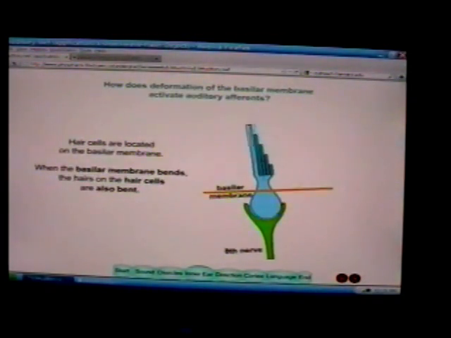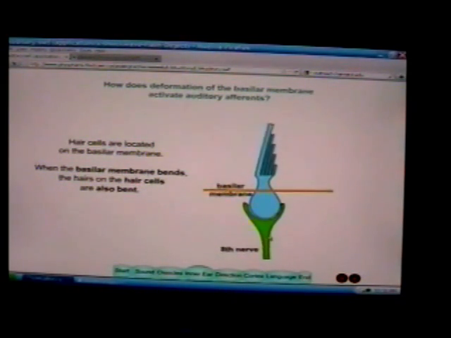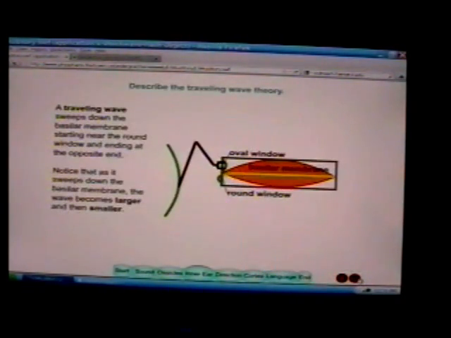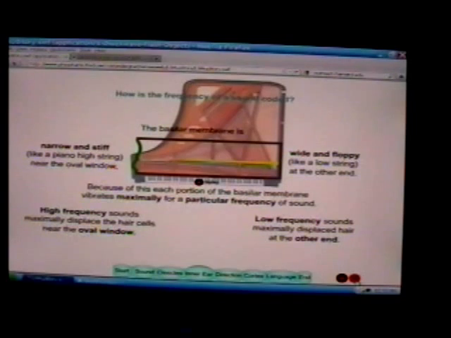Here are these hair cells, and they are connected to, ultimately, the eighth nerve, which is our auditory nerve, carrying sound information to our brain. Now, it turns out that these hair cells are located along the entire length of the basilar membrane. And this sets up a situation where these hair cells will be responding to different frequencies of sound.